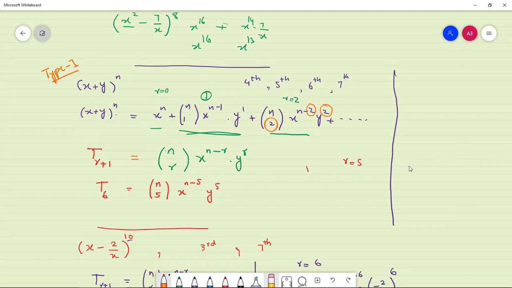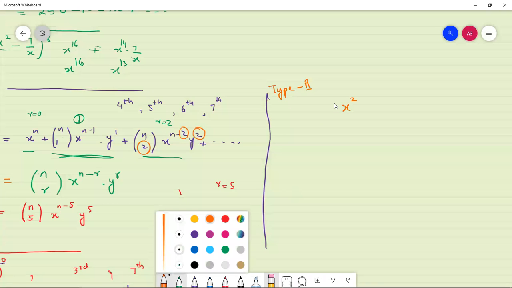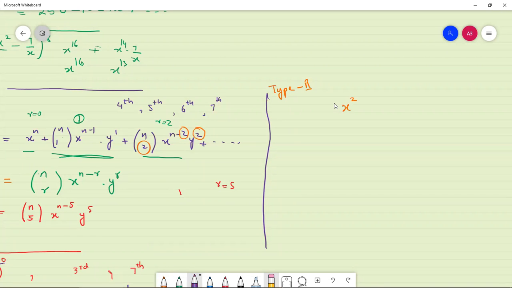And now type 2. Whenever you face a problem, first you have to find out whether this question belongs to type 1 or type 2. In type 2, he does not ask to find the fourth and fifth term. He just asks to find the coefficient of x here.